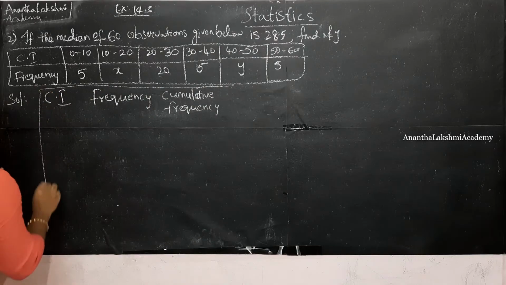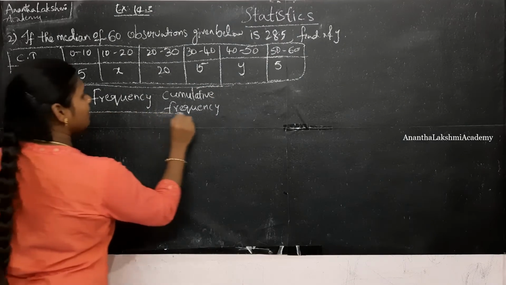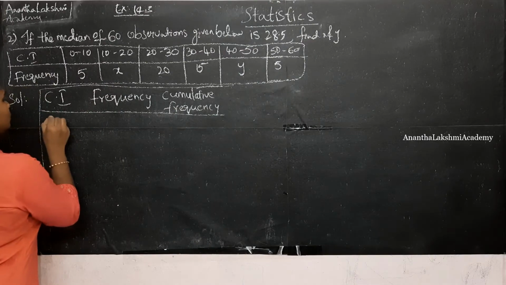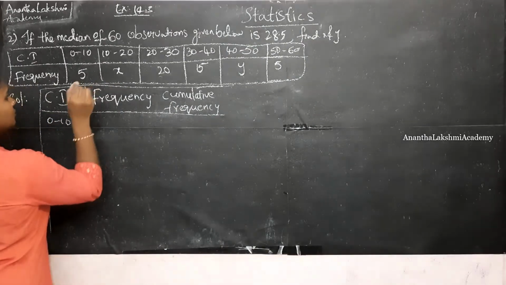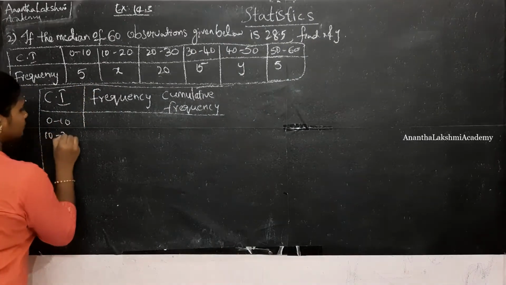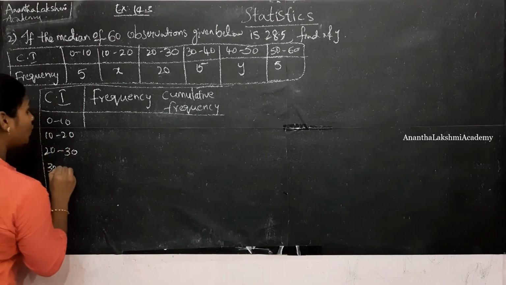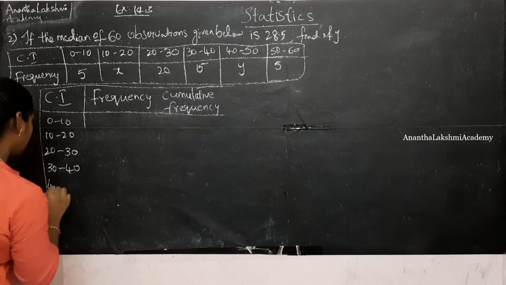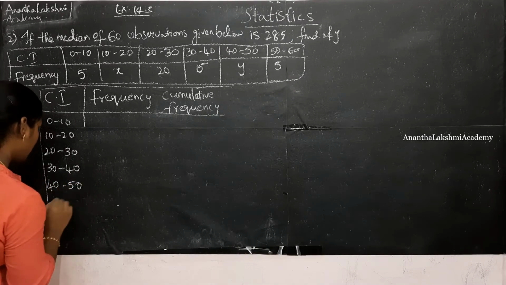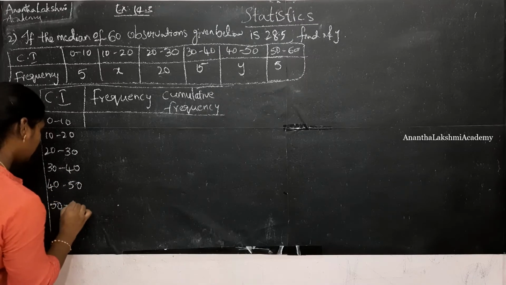Okay, within the class intervals we have the values from 0 to 10, 10 to 20, 20 to 30, 30 to 40, 40 to 50, and 50 to 60.